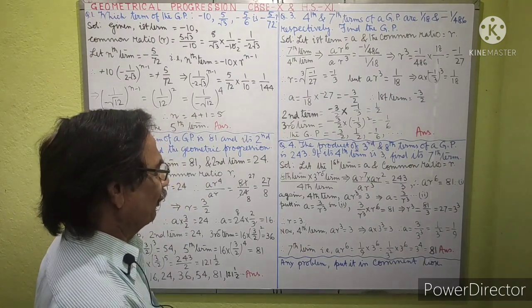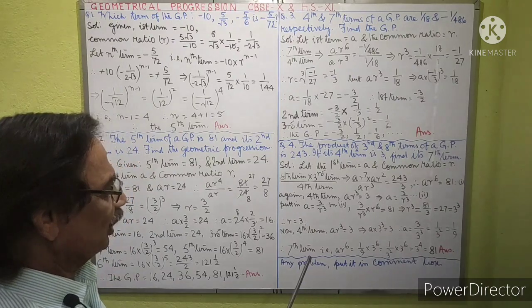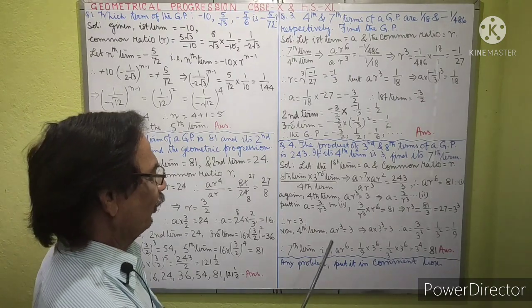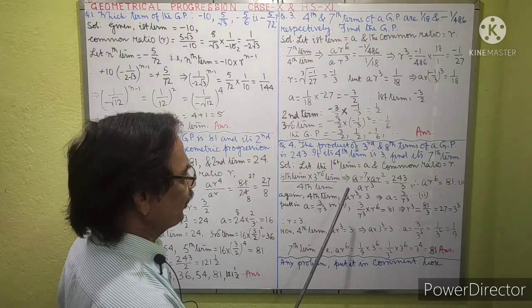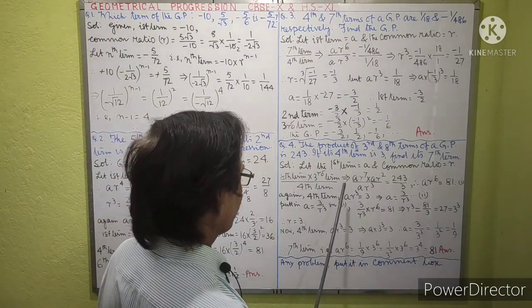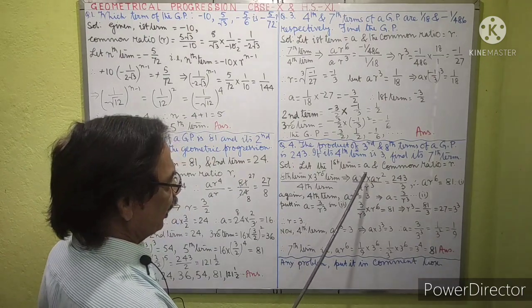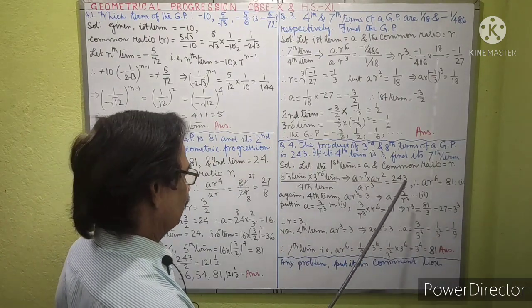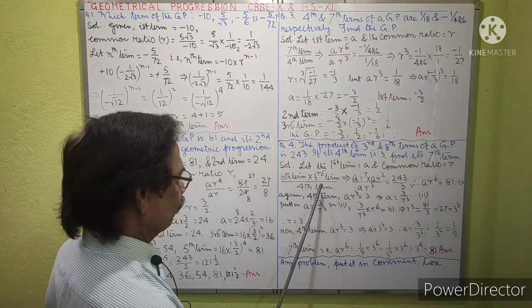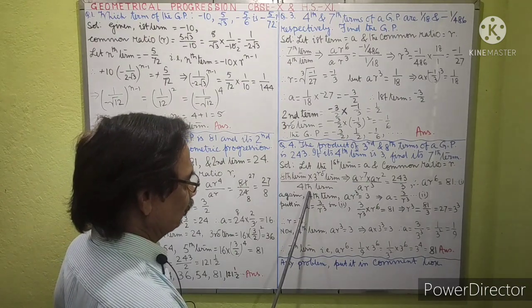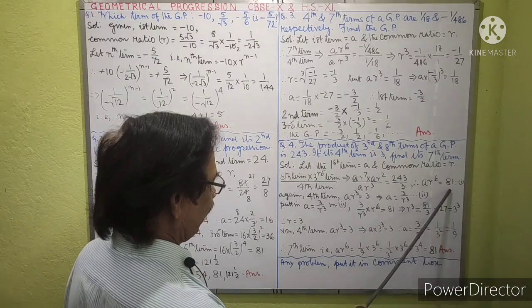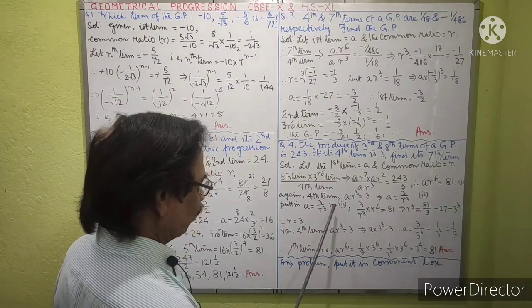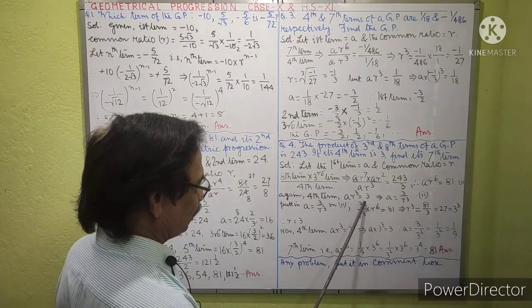Next, problem number 4. The product of the third and the eighth term of a GP is 243. This is the product. If the fourth term is 3, find the seventh term. Let the first term be A and common ratio be R. Therefore, the eighth term into the third term, that is AR to the power 9, equals 243. Again, the fourth term AR cube equals 3.